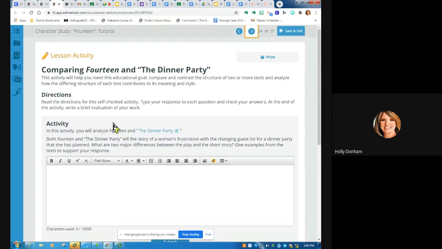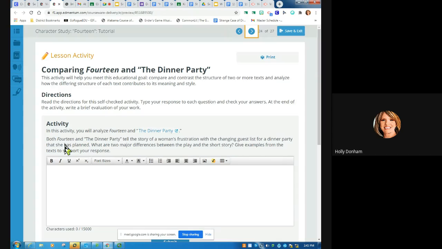Now, you want to read the directions, type your response. We're going to compare 14, which you've already read, and then you're going to read the dinner party, okay? At this point, you need to stop and click on the dinner party and read it so you can know what it's about, know how it's different from 14, keeping in mind those things about plays that make them different from short stories, structure-wise.